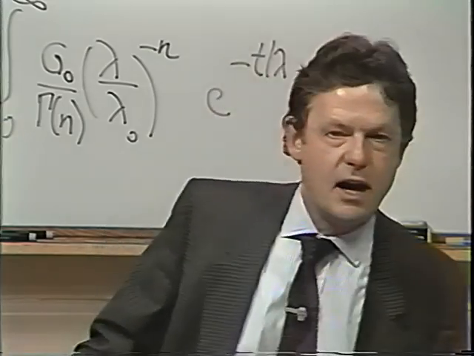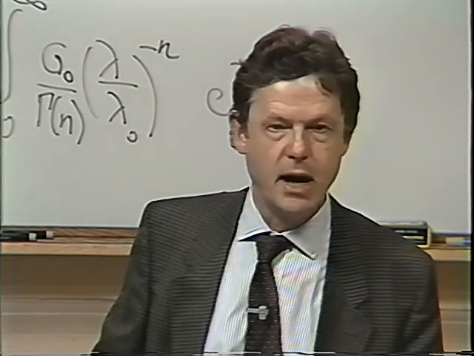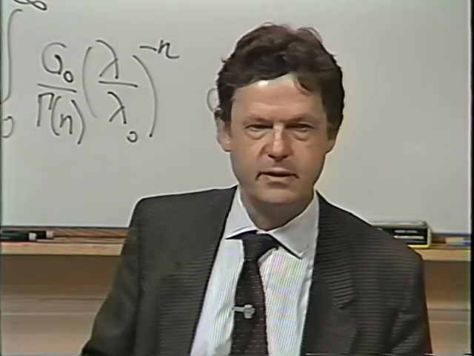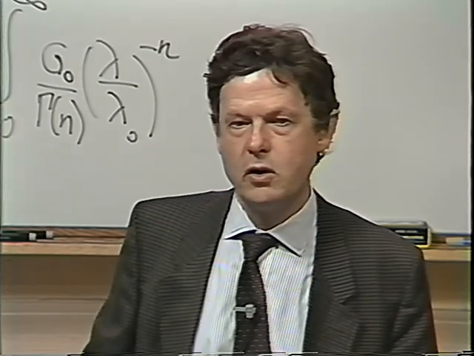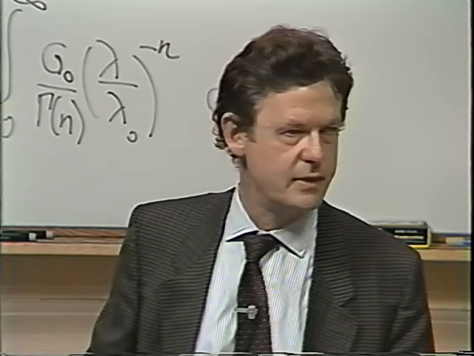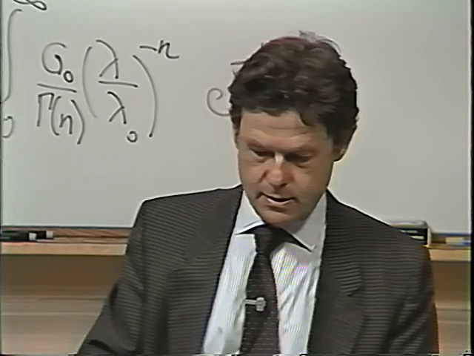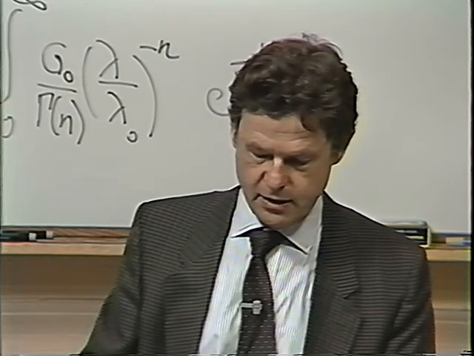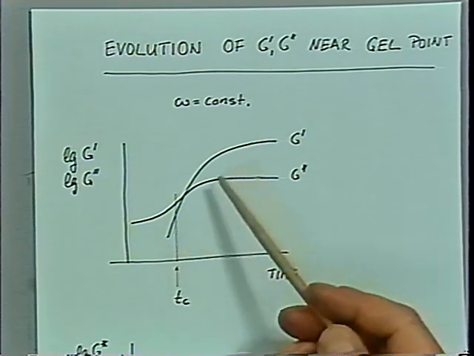The evolution of the dynamic mechanical modulus is also interesting. G prime, how does it evolve with extent of reaction in a cross-linking system? Let's choose a material which cross-links very slowly so that we can measure G prime, G double prime as a function of time. The resulting modulus of that system is given by this type of behavior.